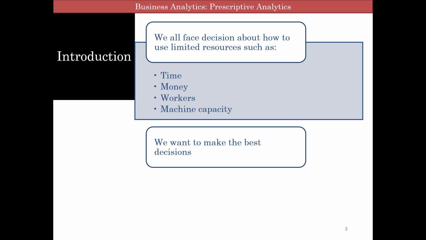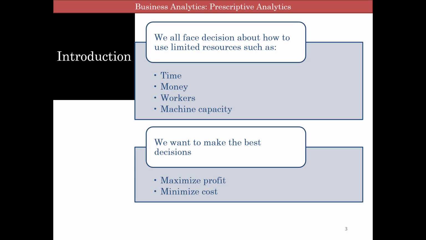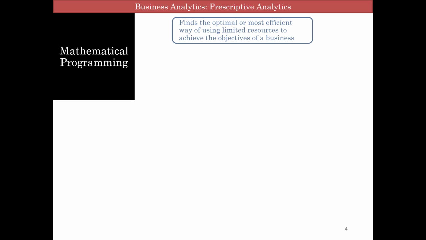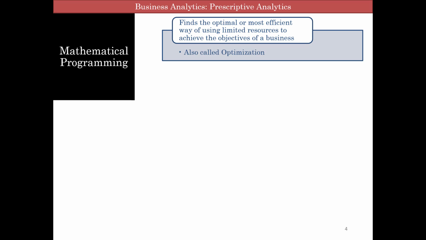A lot of times we have objectives like we want to maximize profit or minimize cost. Mathematical programming, of which linear programming is part, is used to find the optimal or most efficient way of using limited resources to achieve the objectives of a business. It's also called optimization.